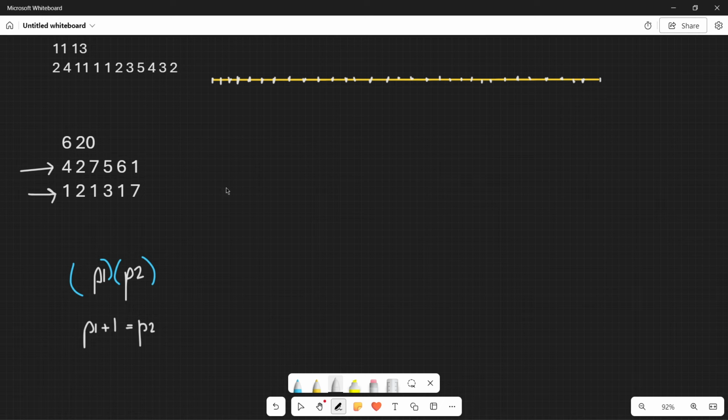Now I'm taking a case. For example, I am having three petals of three size.